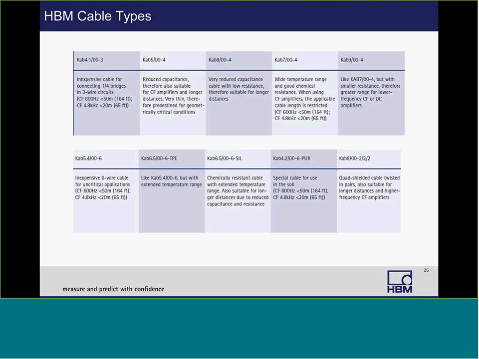That's why you have to make a decision on what your noise environment is. In the lower right corner, this KAB800 is a quad shield cable, twisted in pairs. It's suitable for very long distances with CF amplifiers. And that's the actual cable I showed before in cross section.